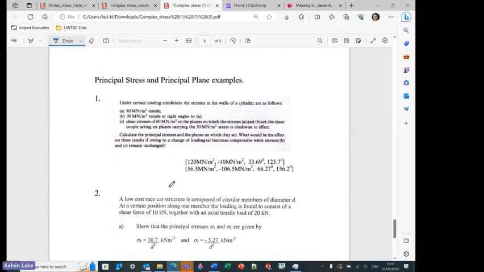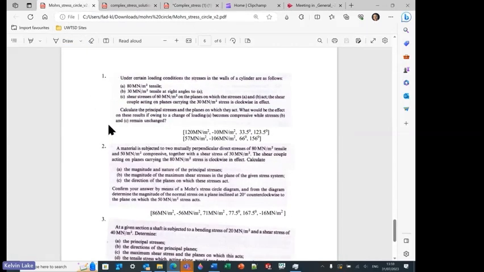And we've done that in this question here. What I'm saying now is we can actually answer exactly the same question using Mohr's Circle. Obviously, it's not going to be as accurate as using equations because we're reading information from graphs and so on, but we can work out what the principal stresses are and the planes on which they act.